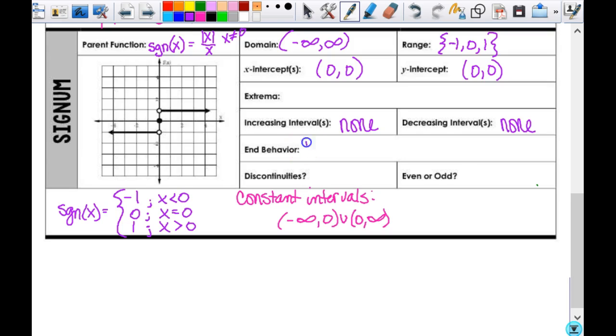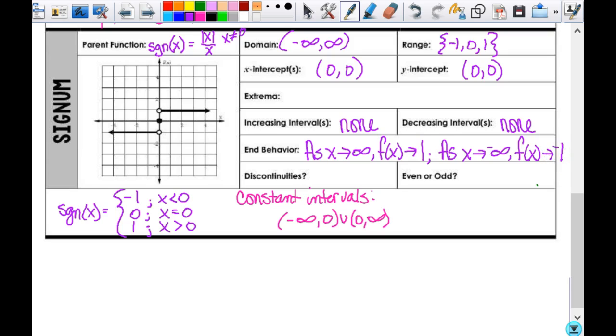So as x approaches infinity, f of x approaches 1, which may seem a little bit weird because not only do we approach it, we're already there, but even when you talk about limits, you can either actually be able to get there or not be able to get there. We probably wouldn't exactly talk about end behavior in this case anyway, but we'll fill it in. That's why it seems weird because it's not even anything that would really come up. But as x approaches -infinity, f of x approaches -1.